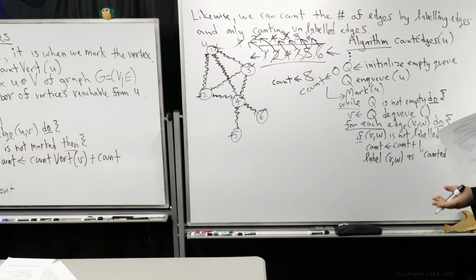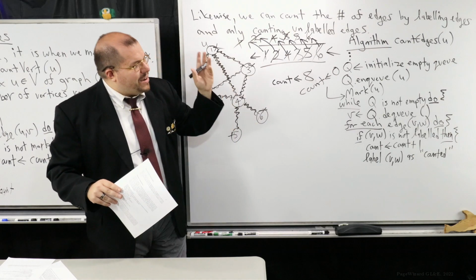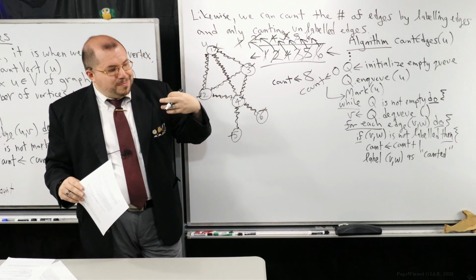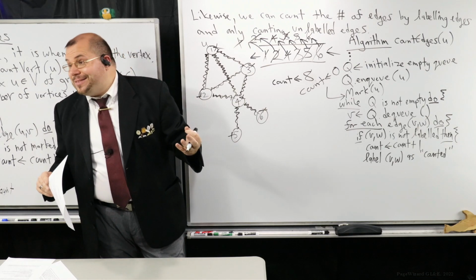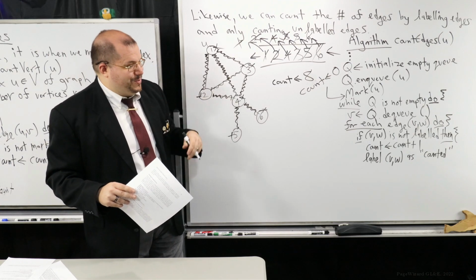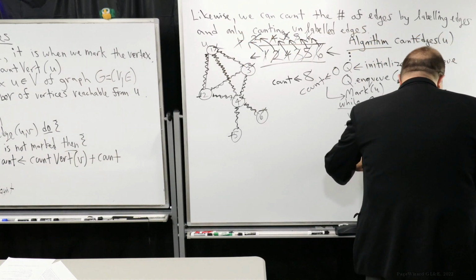And then lastly, if the opposite endpoint, sorry, I'm getting very excited here. If the opposite endpoint, W, is marked, then we don't do anything with W, right? If it's not marked, however, that means we have more graph to explore. That means it's going to go right into that queue at the end.